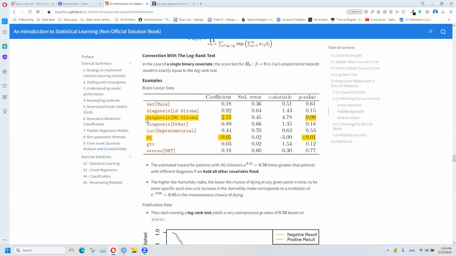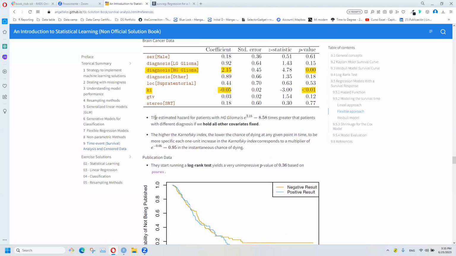And here we can see that a diagnosis of HG glioma has a higher probability to die, as it has a higher hazard. So the estimated hazard for a patient with this diagnosis is e to the 2.15, so 8.58 times greater than for a patient with a different diagnosis, if we hold all other covariates fixed.